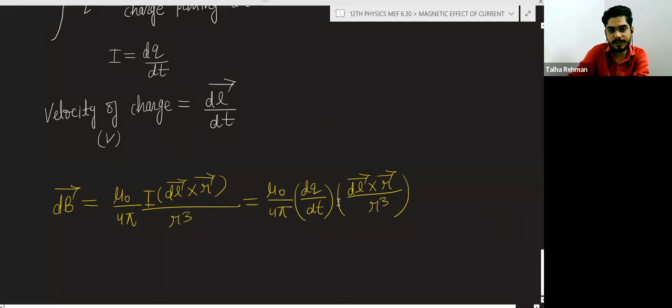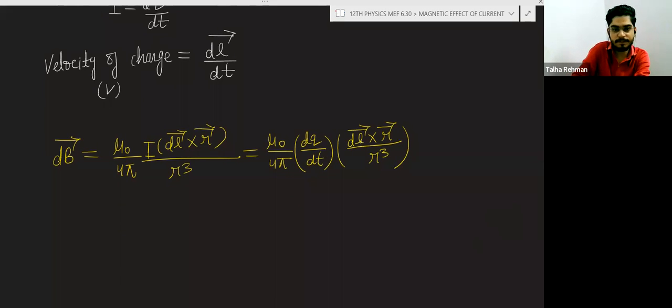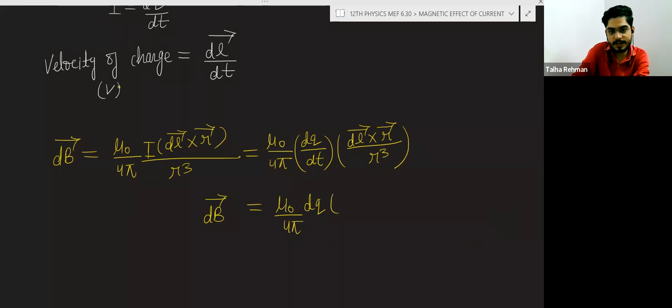Now this dl vector divided by dt is v. So simply you can write the small magnetic field due to the current element will be dq, and this dl by dt is v. So from here you can write this as v vector cross r vector divided by r cube.